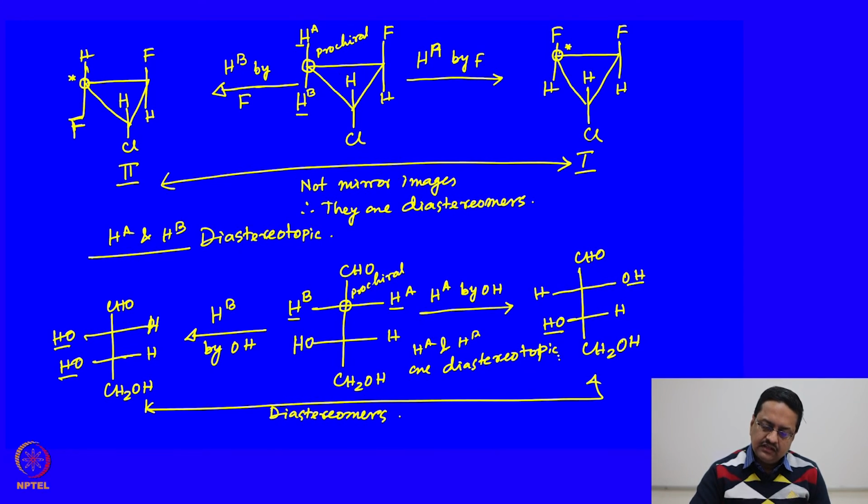So, we conclude this lecture today with a note that today we have discussed homotopic, enantiotopic and diastereotopic ligands. In the next lecture we will discuss the homotopic, diastereotopic and enantiotopic faces of molecules.